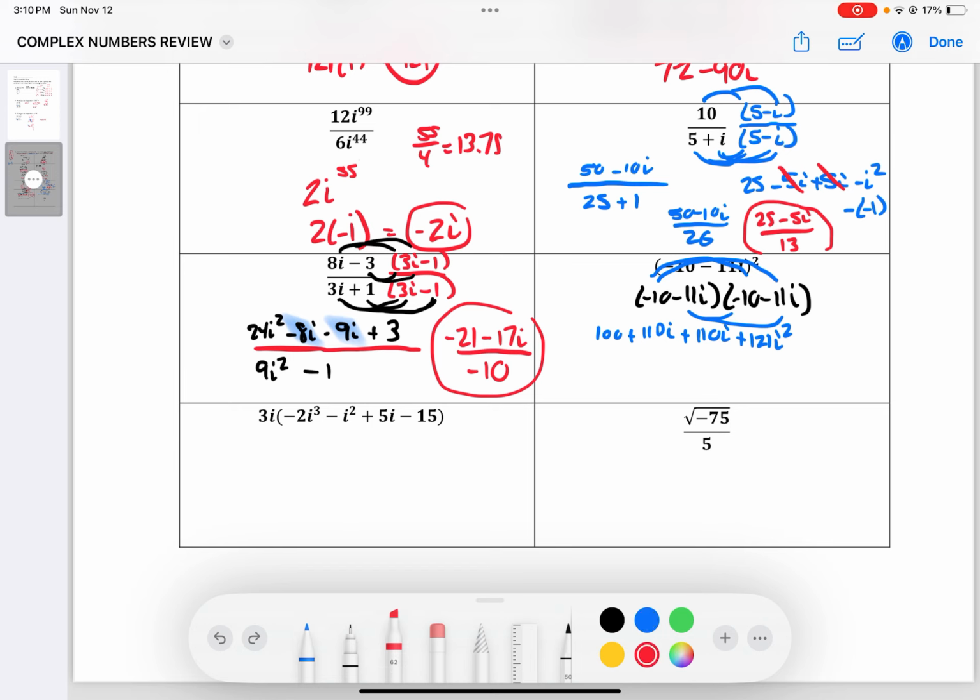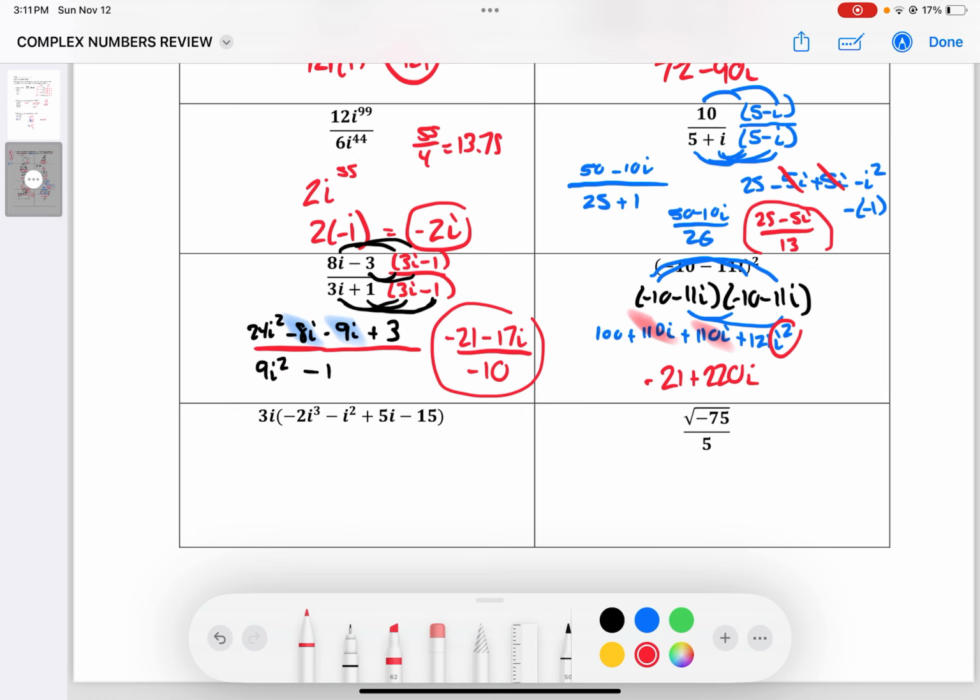Let's combine like terms. That is going to be 220i. And I'm going to put that in red because this is going to be a final answer. And then i squared is negative 1. So we got 100 minus 121, which will be negative 21 plus 220i. And I believe everything looks good there.